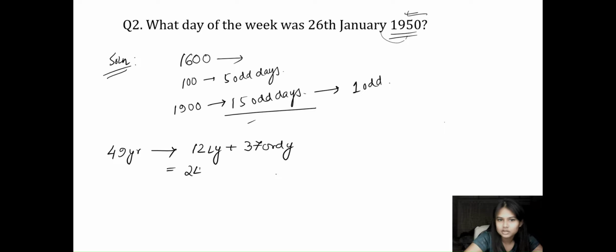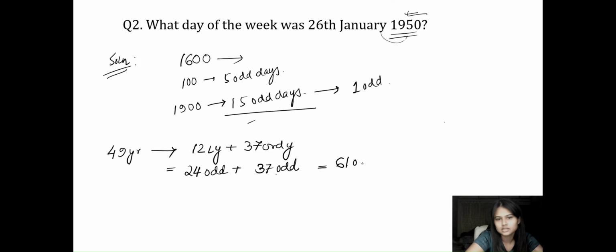What does this give me? 12 leap years give me 24 odd days and 37 ordinary years give me 37 odd days, which is 61 odd days. 61 divided by 7, 7 into 8 is 56. So I get 5 odd days from here, right? So in total from here, I've got 1 odd day and 5 odd days.